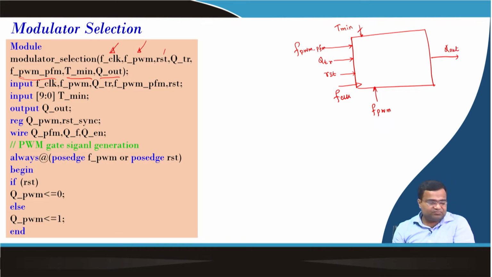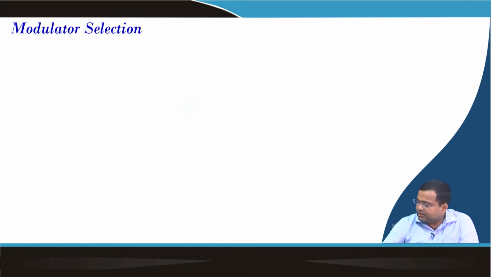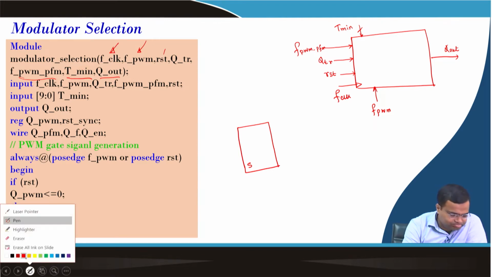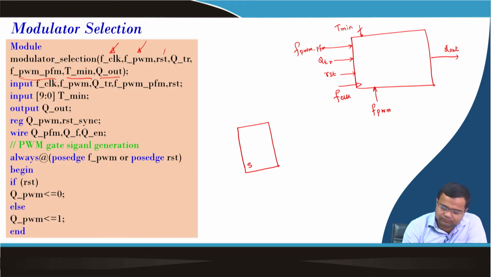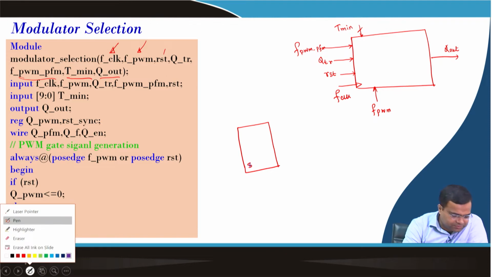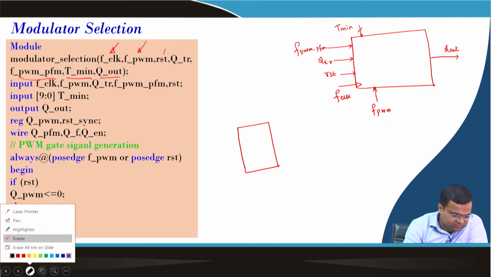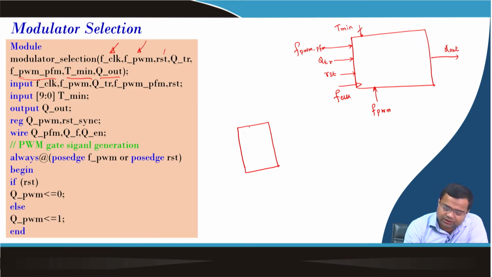Now, the first thing, if you remember this circuit, we have this block, which is the set reset.